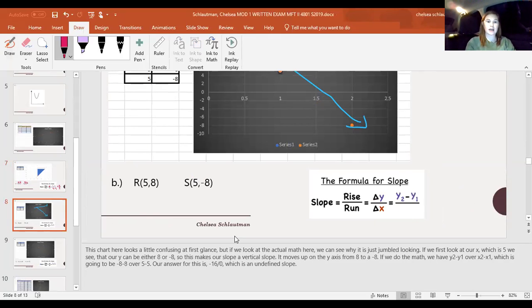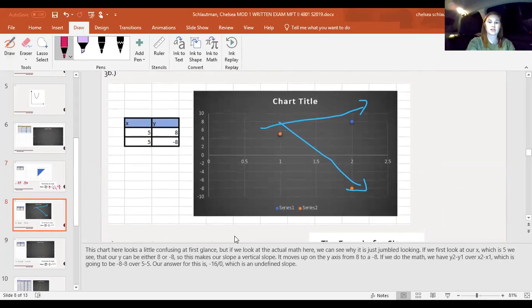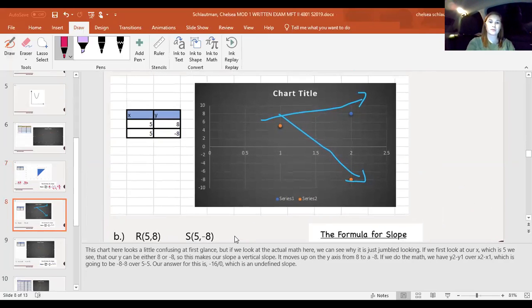Next, we're going to look at another problem similar to that one, and we're going to determine the slope on this one as well. So again, I have it on an XY table for you and graphed out. For this one, we have 5, 8 and 5, negative 8. And as you can see here on my graph, we have the point 5. Let me start over.